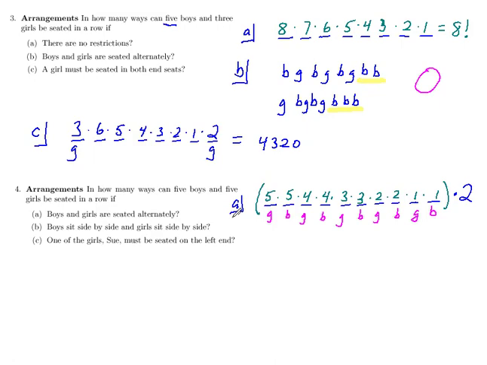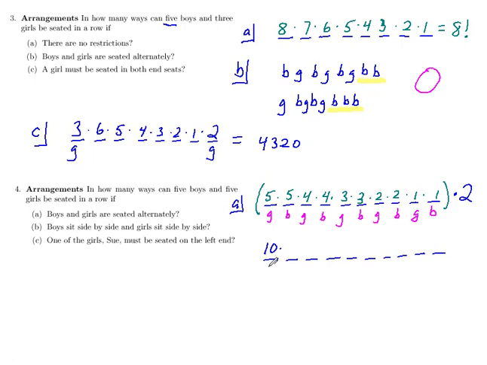Now we could have also, on this problem, drawn out 10 blanks and said, okay, for the first seat, I have 10 kids who could be seated in that spot. Any one of the 10 kids could be in that location, whether a boy or girl.